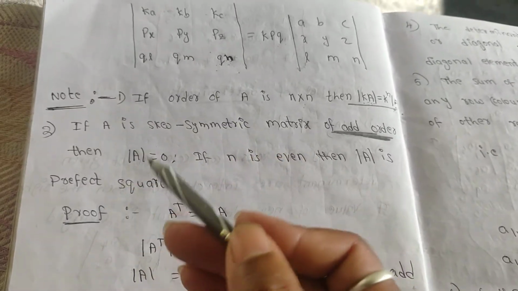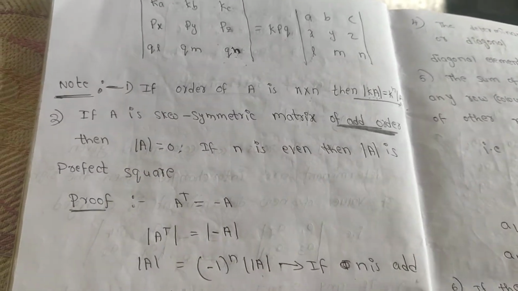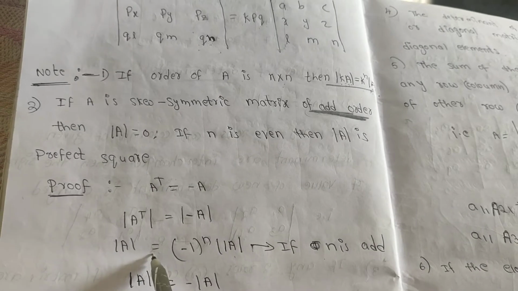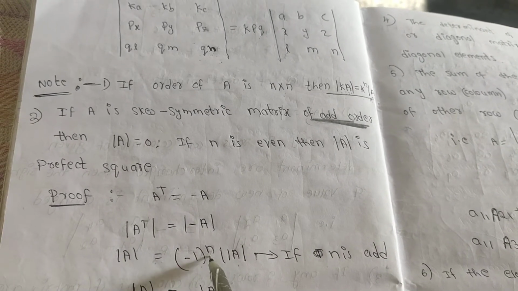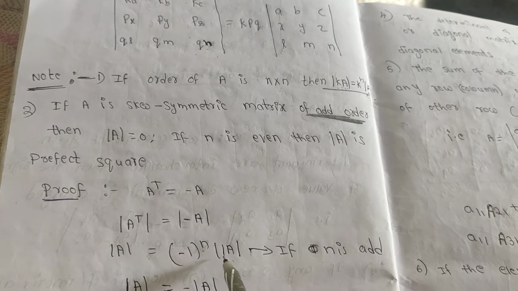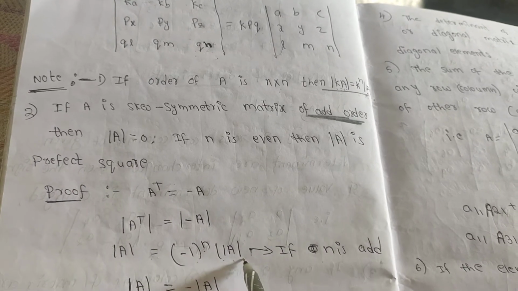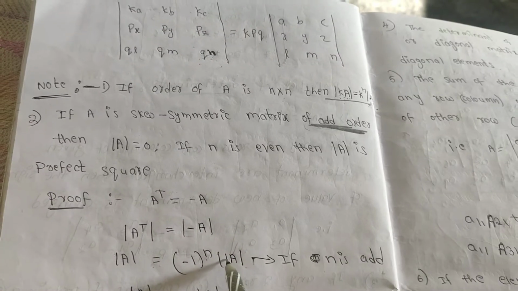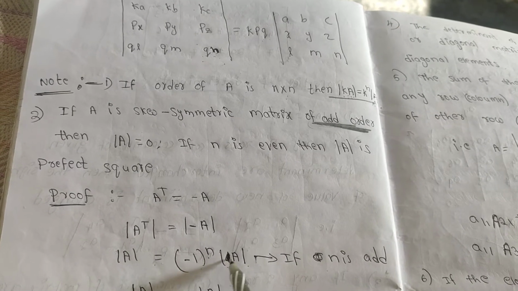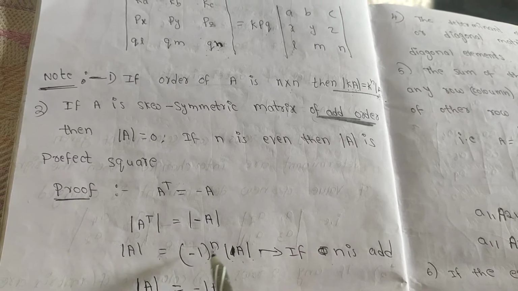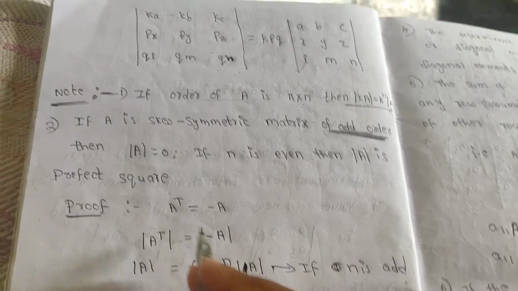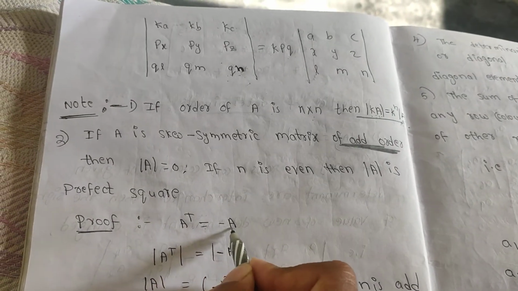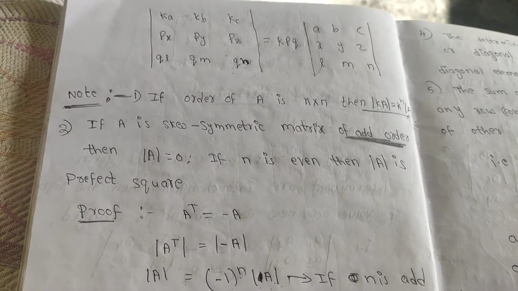We are going to prove det A is equal to 0. Det A is equal to minus 1 whole to the power of n into det A, because A transpose is equal to minus A, and we have to find the determinant of A.